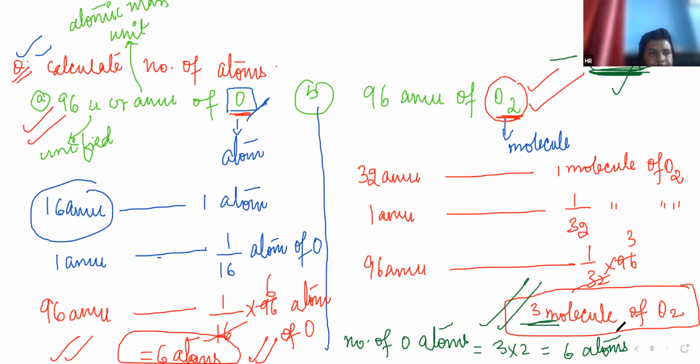Azza, do you get it? 3 into 2 is equal to 6. Okay, thank you so much. Just write it and let me know. I'll change the slide and we'll have another type of question.